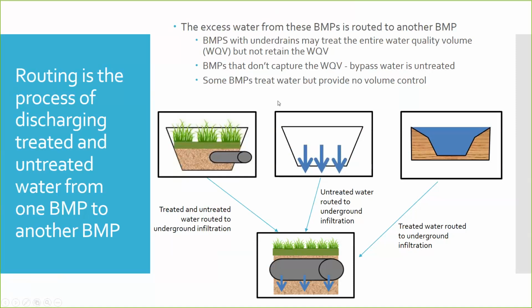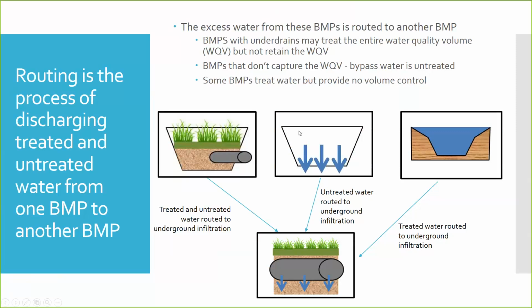Another type of BMP are the infiltration practices. All the water that's captured in this BMP will be infiltrated, and therefore you don't have to route any of that water. It's going down into the underlying soil. However, this BMP, as well as any BMP, will only be designed to capture a certain amount of runoff. So if you design this to capture 1 inch of water, for example, and you get a 1.5 inch rain, you're only going to get that first inch.